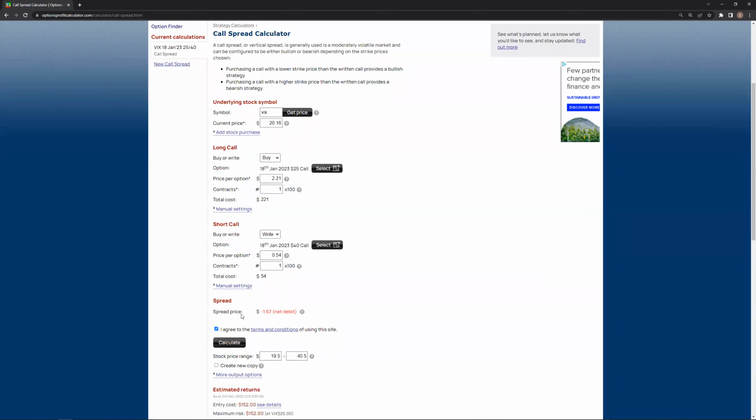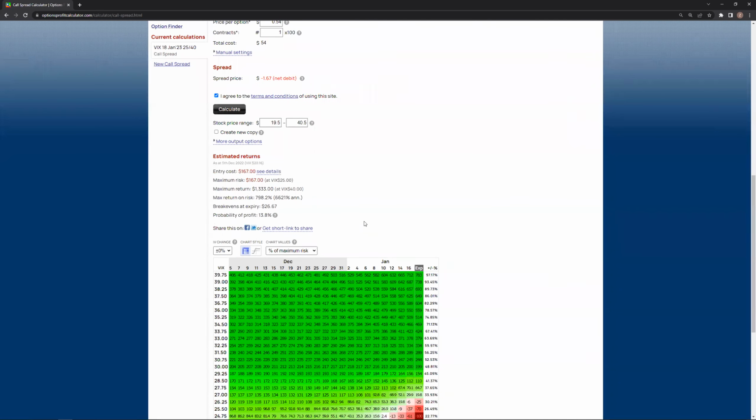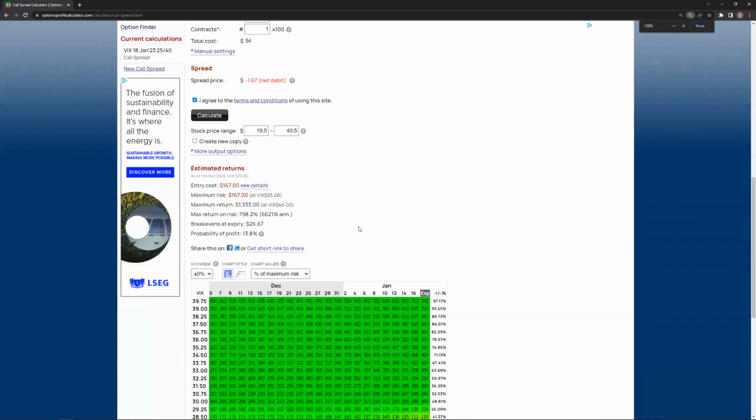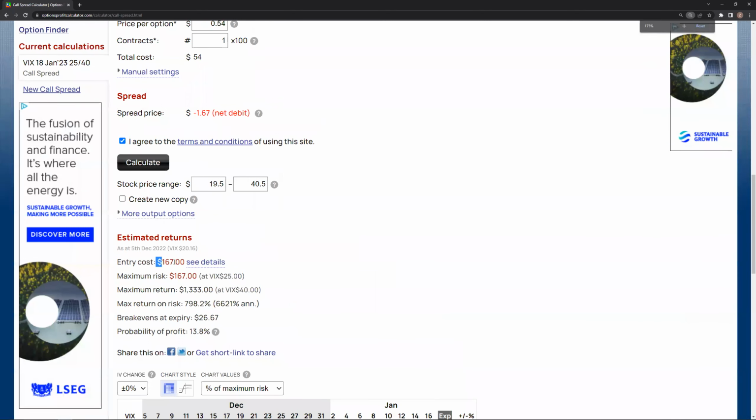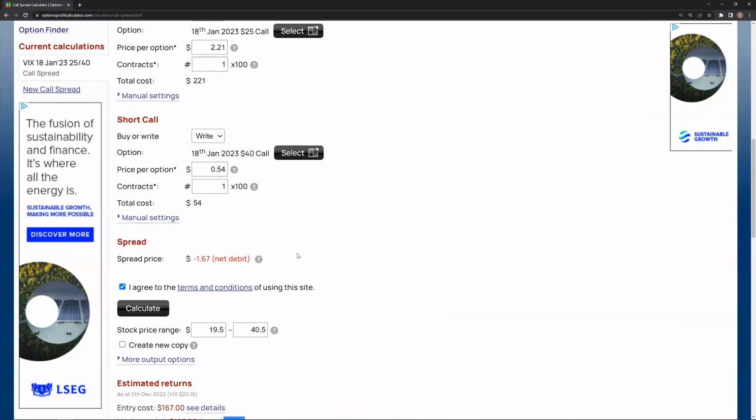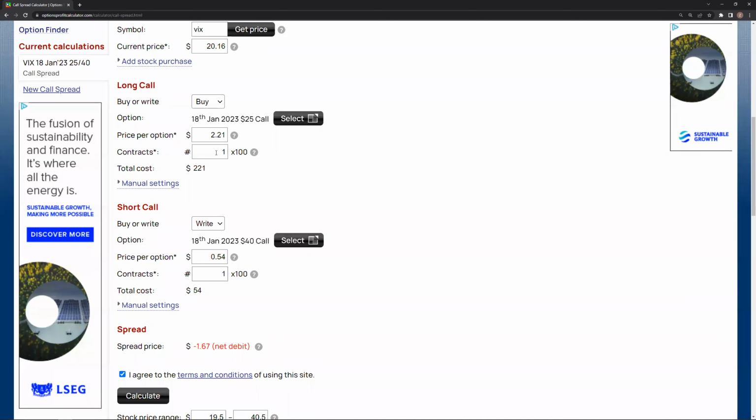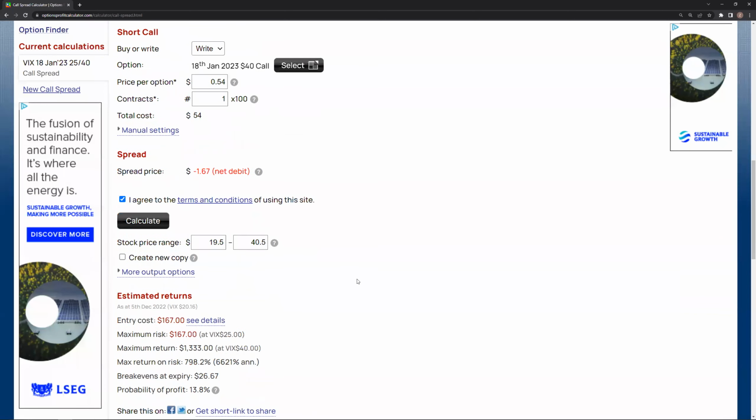Okay, so after you are ready, you agree to the terms and conditions, you press calculate, and then you can see your result here. Your entry cost is $167, which is also your maximum risk. Meaning, if VIX is 25 and below, which means below your call strike price, you are going to lose $167 overall.